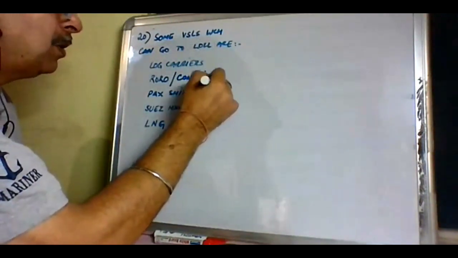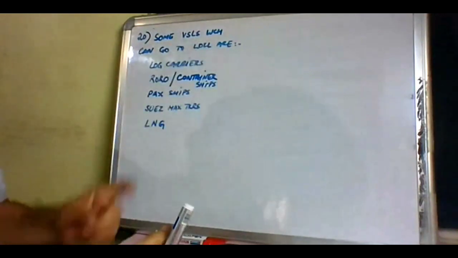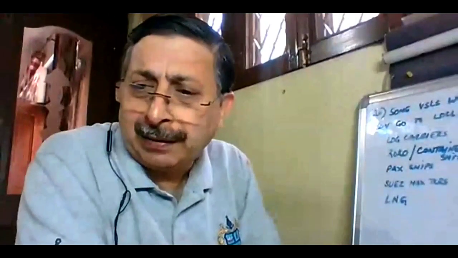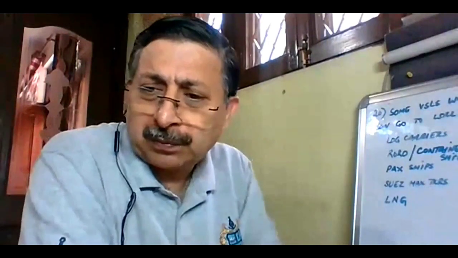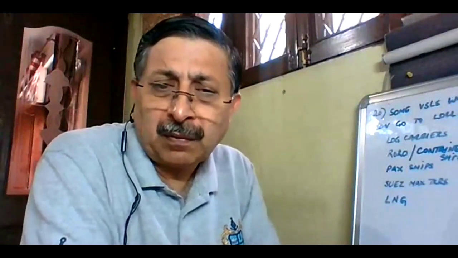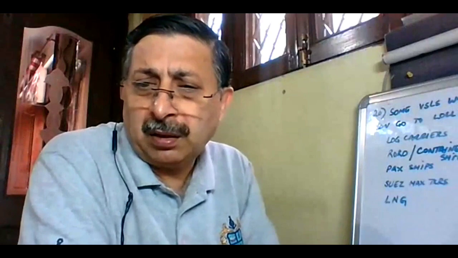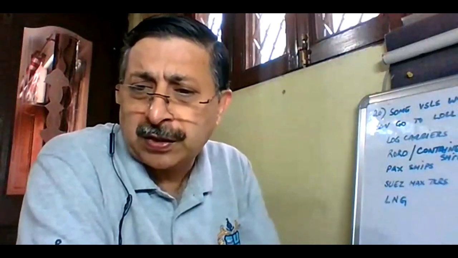What happens in container ships is due to port rotation of the containers. If the fully filled cargoes are on the top on the open deck and the empties are down below, then due to the port rotation basically, your KG is naturally high and therefore the GM of these vessels is very low.